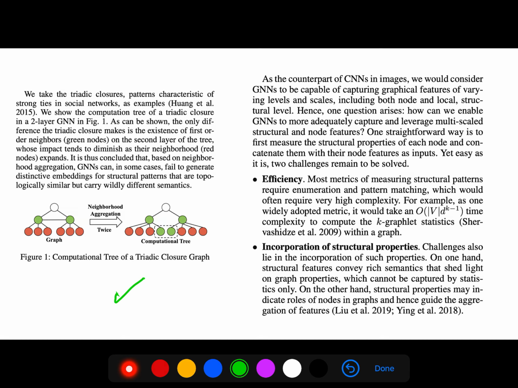The only difference the triadic closure makes is the existence of first-order neighbors, which are the green nodes, on the second layer of the tree, whose impact tends to diminish as their neighborhood expands. It is thus concluded that based on neighborhood aggregation, GNNs can in some cases fail to generate distinctive embeddings for structural patterns that are topologically similar but carry widely different semantics.